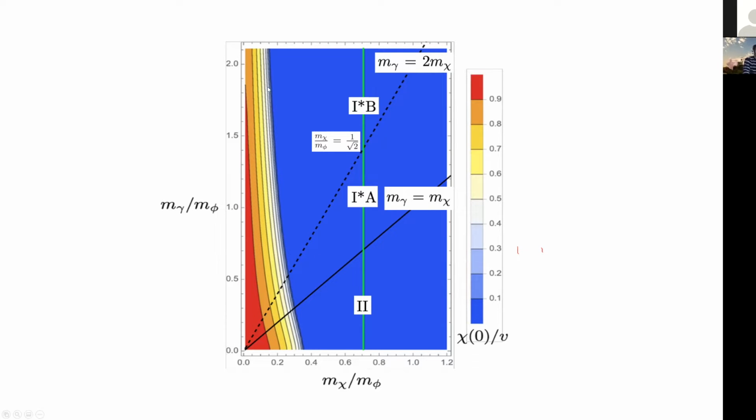And so numerically, you find this kind of phase diagram where, basically, on the left of this line are all the places in parameter space, given by the mass of the gauge field and the mass of the chi field compared to the mass of the Higgs field, where chi wants to develop, so where chi is non-zero in the center of the vortex, and regions in parameter space where it doesn't want to develop.